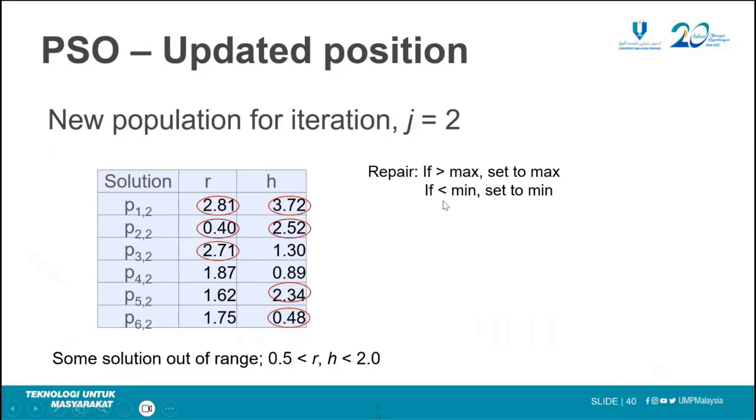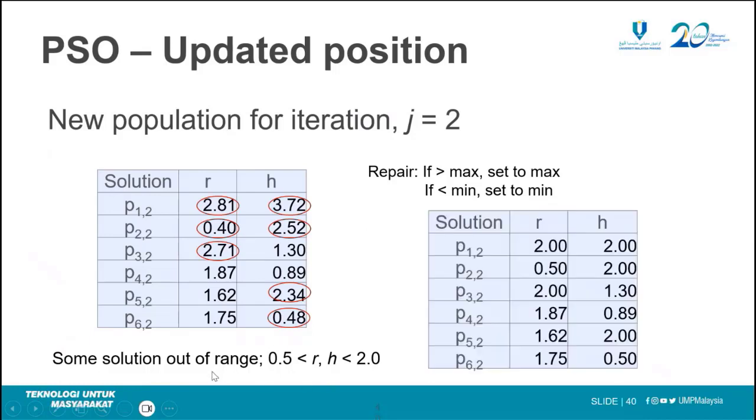And if the value is less than the minimum, we set it to the minimum. For example, for P2, the R here is 0.4, which is smaller than 0.5, so we set it to the minimum. So we correct the solution back into the acceptable range.